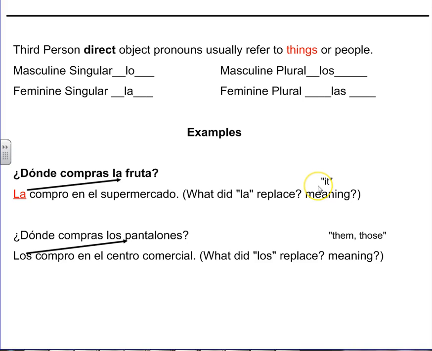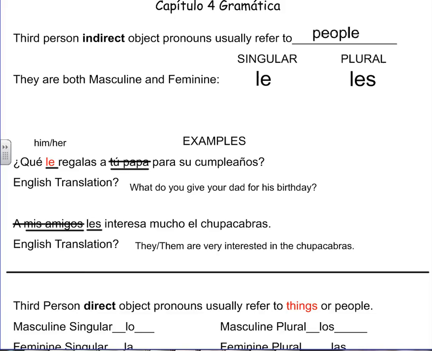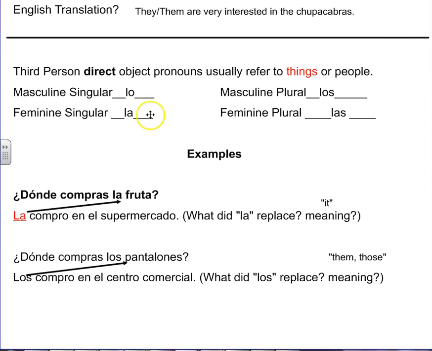It means it. If it's plural, it means them or those. Cool? So indirect object pronouns usually refer to people, words like him or her, or them, okay? Or this down here, direct object pronouns, it could be referring to things usually, like it in the singular form, or them or those in the plural form.